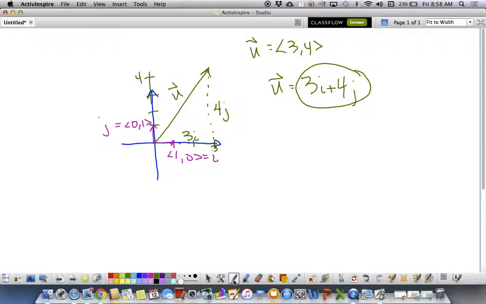If they're talking about a unit vector, you see the I and the J, then it just goes with the X and the Y. Okay? Wait, can you tell me what is 3I plus 4J again? It's vector U. I'm not looking for the magnitude, I'm not looking for anything else.